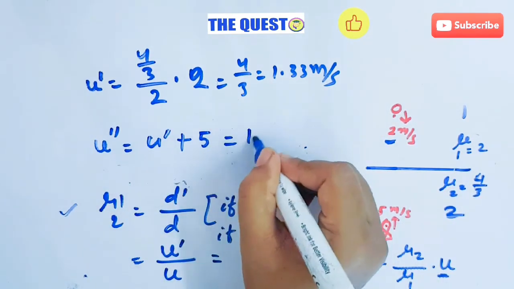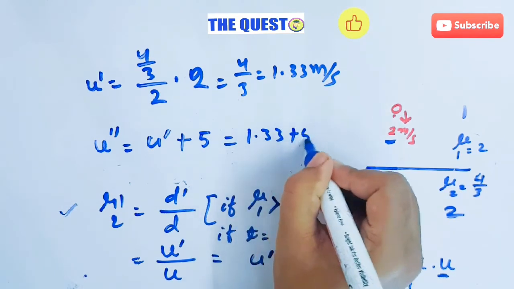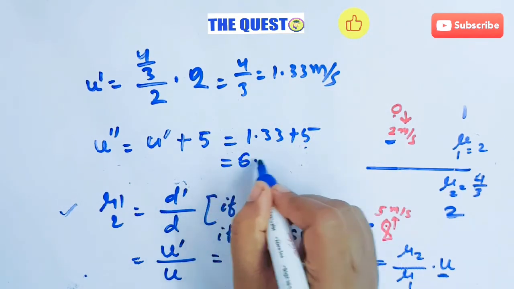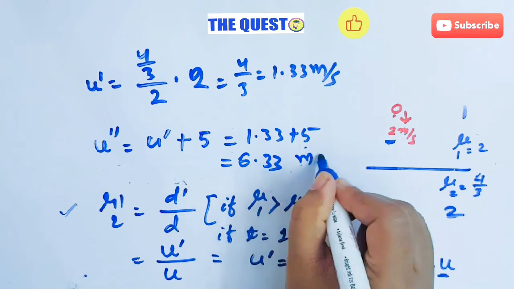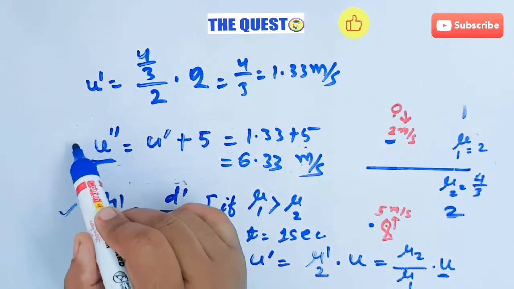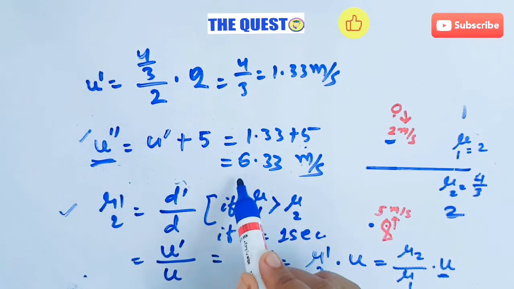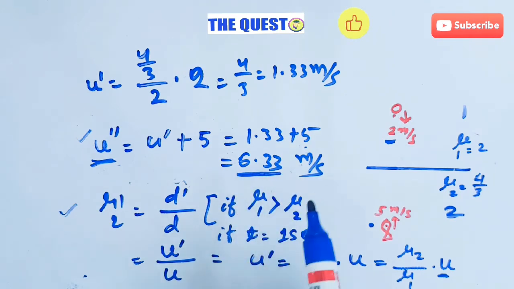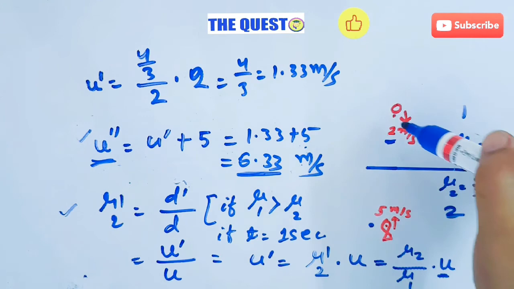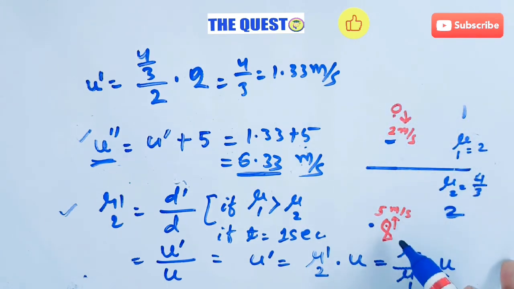So it is 1.33 plus 5, which is equal to 6.33 meter per second. So u double prime, which is equal to 6.33, is the speed of the object with respect to the fish. So it is the answer.